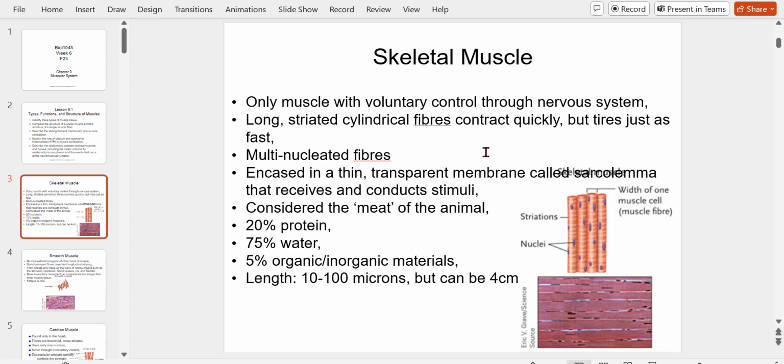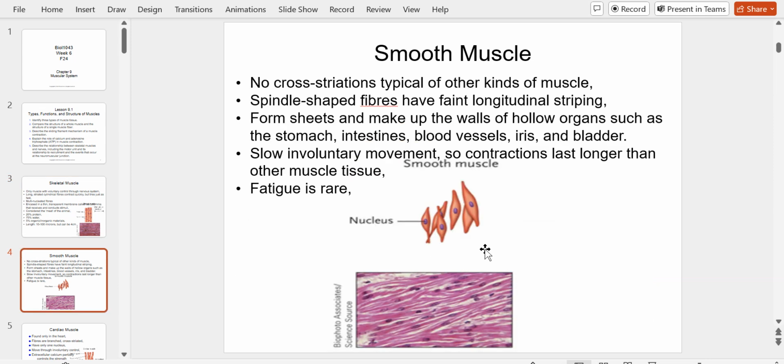All right, so that becomes important because smooth muscle, you see there's no striation. It's very, very different. And this is the muscle for your esophagus, your stomach, your small intestine. You know the whole idea, you eat a banana and you don't see that banana for another 36 hours.